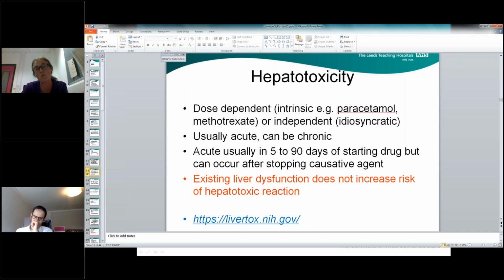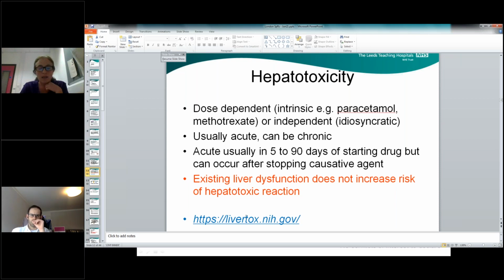And so it's just being very aware of the picture that you might expect from a hepatotoxic reaction with a drug, and the time frame that may happen over. And as you can see, the time frame can be huge. It can be months after you start a drug before LFTs go off for some drugs. So just being aware of what that normal picture is helps to separate out any LFT changes that are drug related or underlying liver disease related.